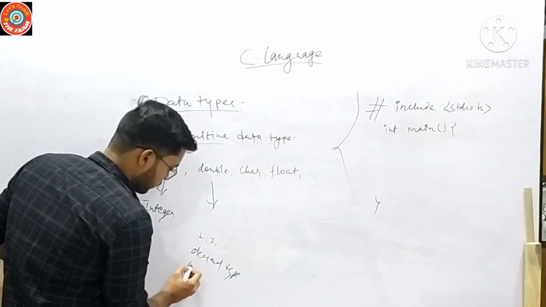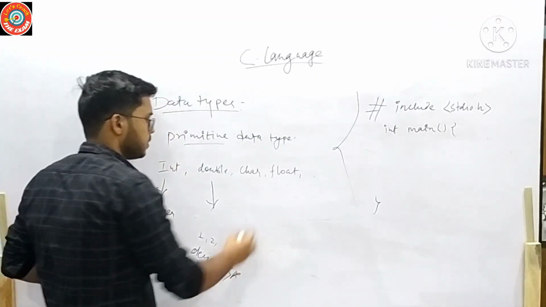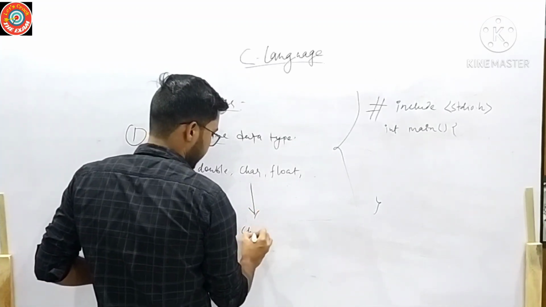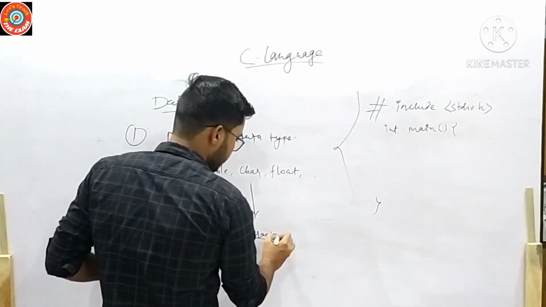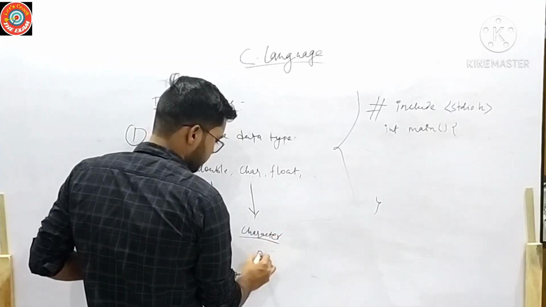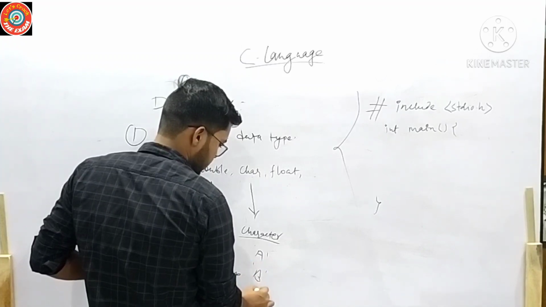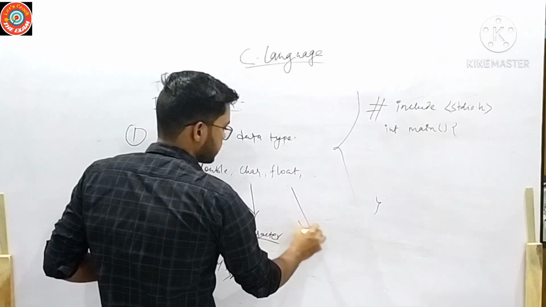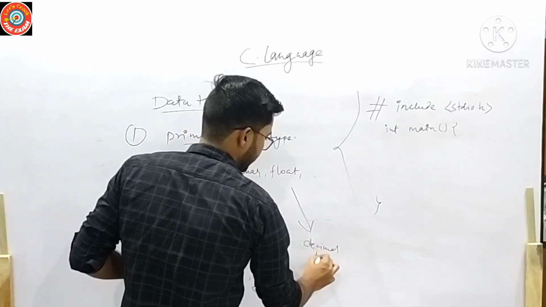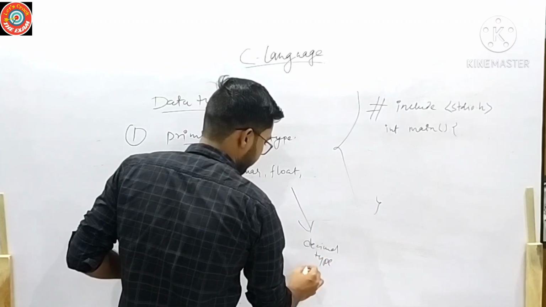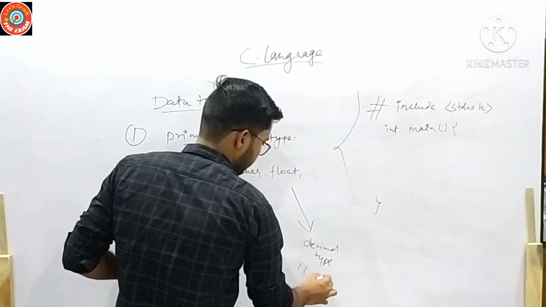For example, 1.2, 1.3, and this is for character type of data, for example A, B and C, and this is for decimal type of data, for example 1.3, 5.2.